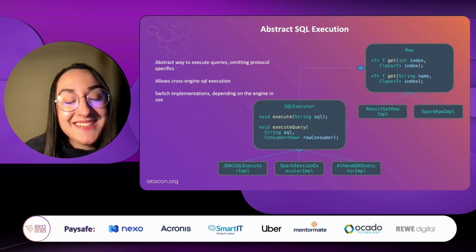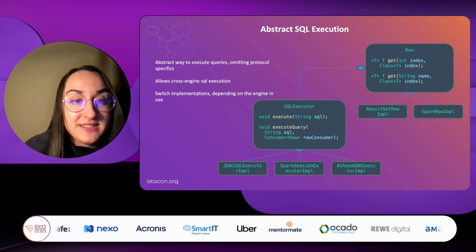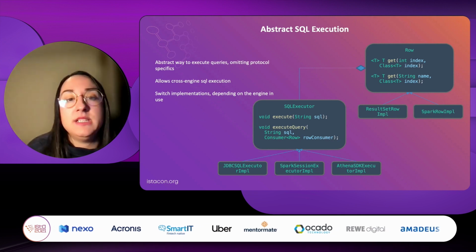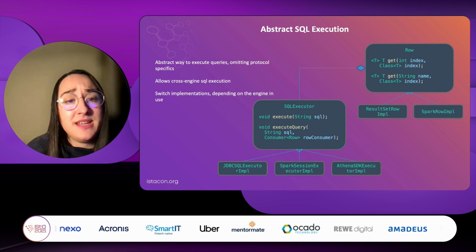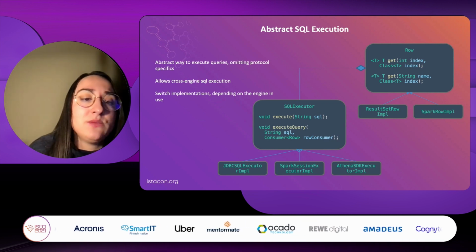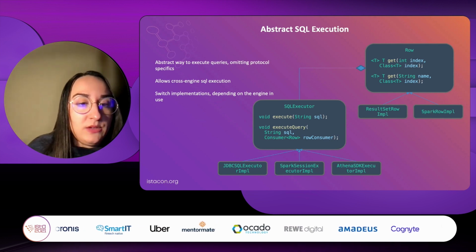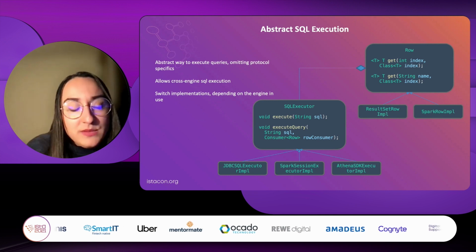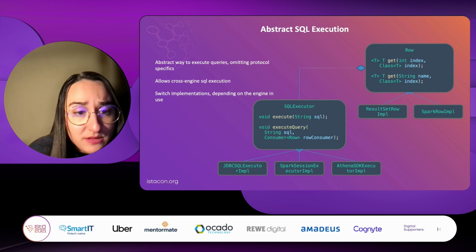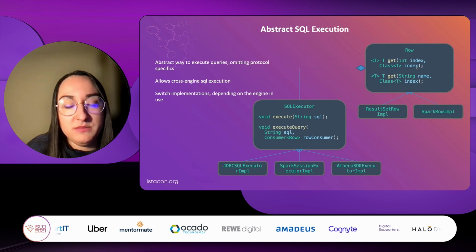And last but not least, I mentioned that we needed to be able to execute queries, and not only that, but over different engines that have different submission details and use different protocols and APIs, etc. So that's why we have another abstraction for this. We are executing queries without results, and another thing that we need is to execute queries and store the results. So that's why we have an abstract representation of the result.